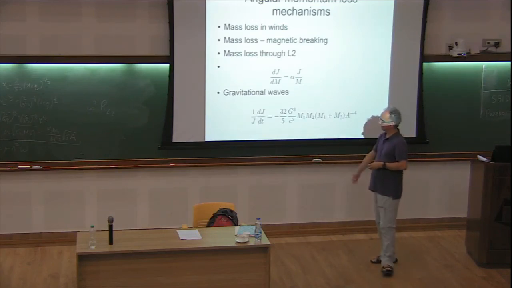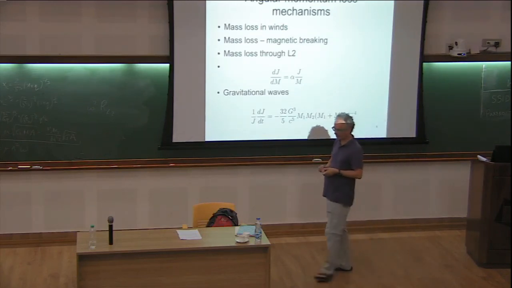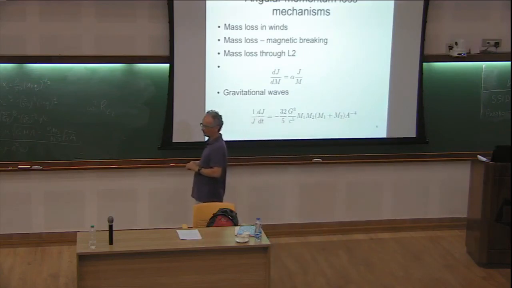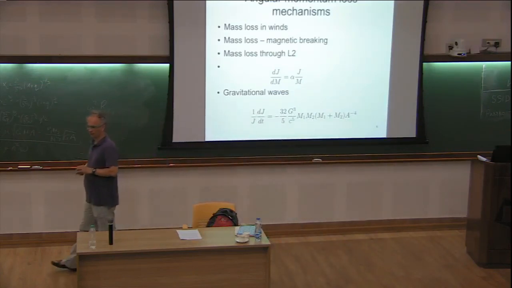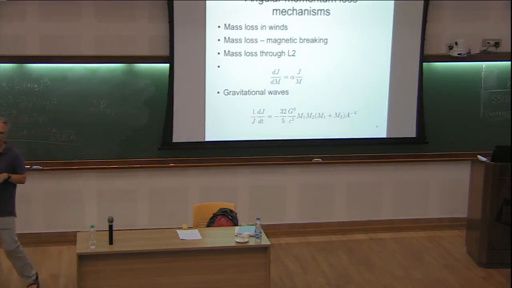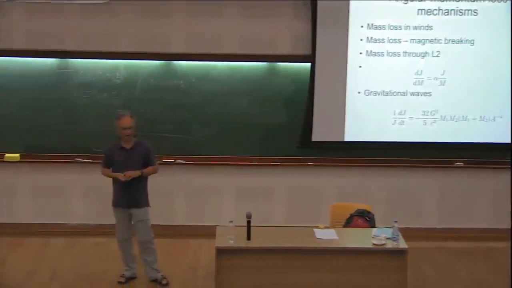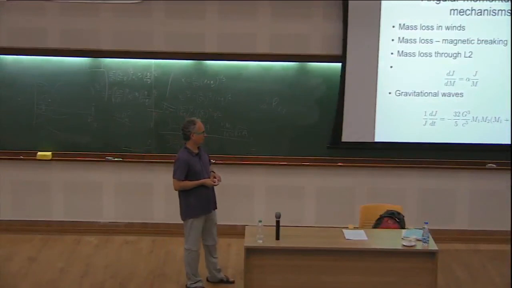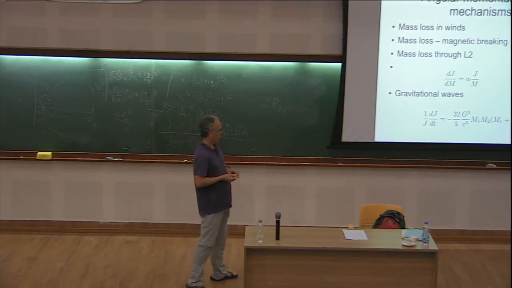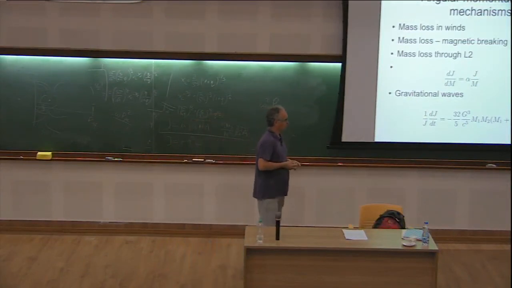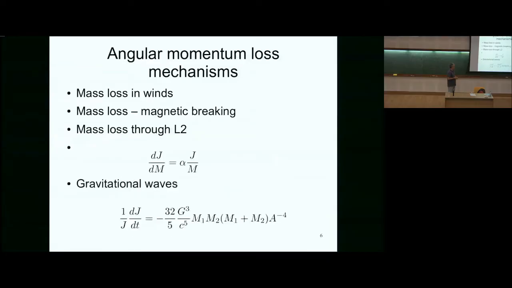But this gravitational wave energy loss is important in the evolution of binary white dwarfs, bringing them together and maintaining the mass transfer in binary white dwarfs.